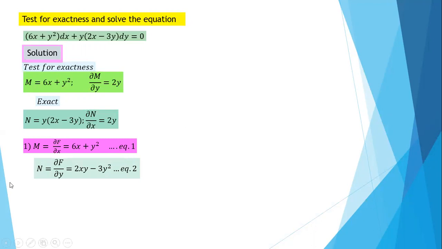Then N equals the partial derivative of f with respect to y, which is 2xy − 3y², and denote this as equation 2.